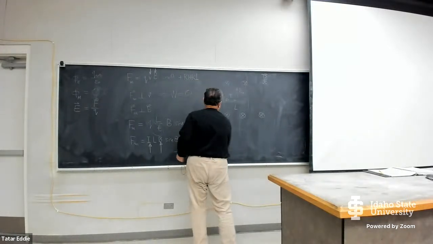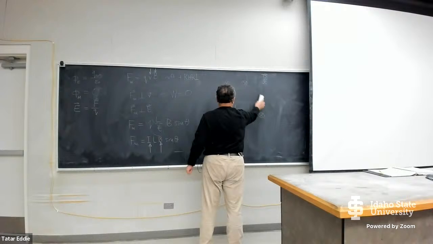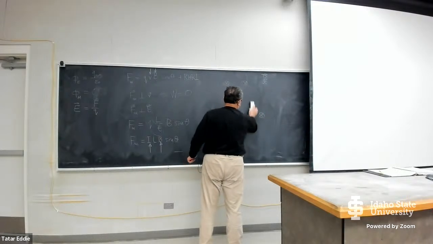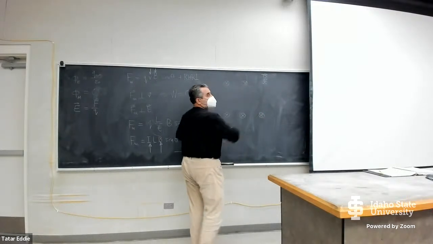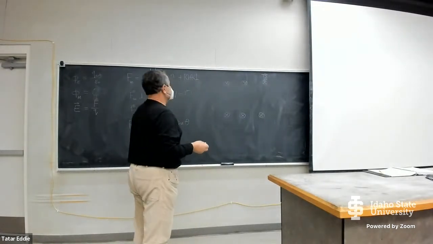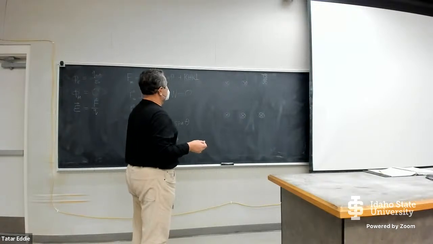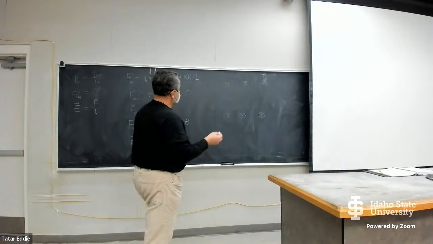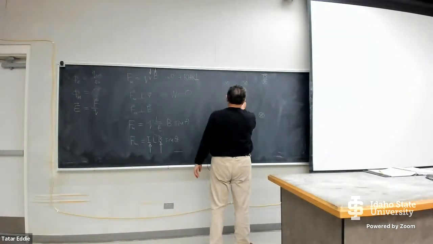So here is a very long, very big area covered with magnetic field. So we need a two-dimensional diagram. So think about this diagram this way.